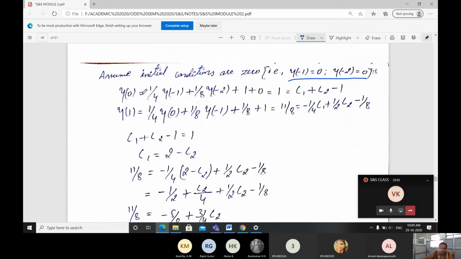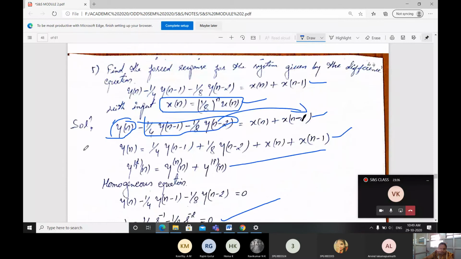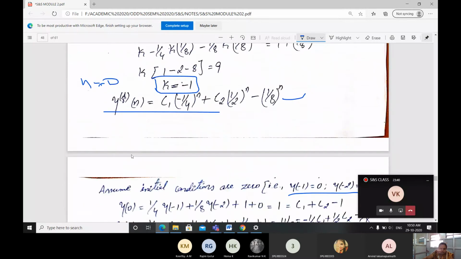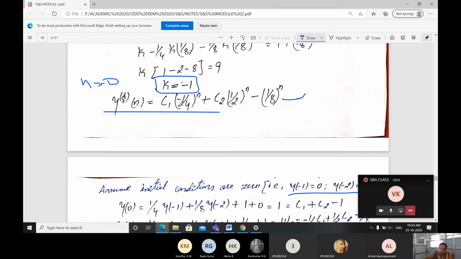Therefore y of 0 is equal to, and also in this equation n as 0. If I substitute, I will get y of 0 equals 1/4 y of minus 1 plus 1/8 y of minus 2 plus 1 plus 0, that is equal to 1.